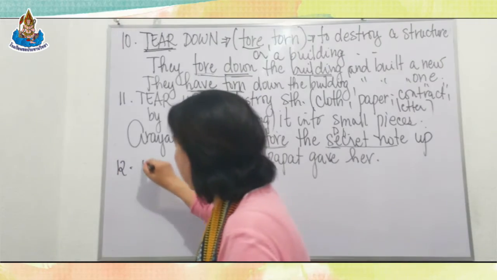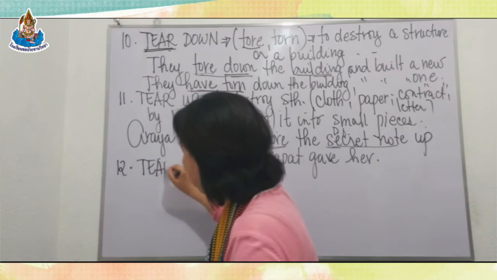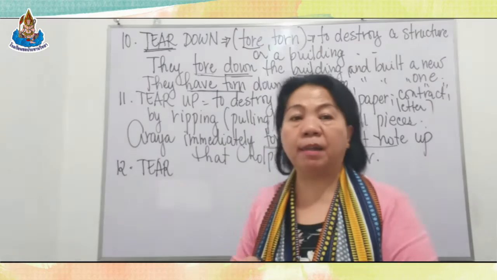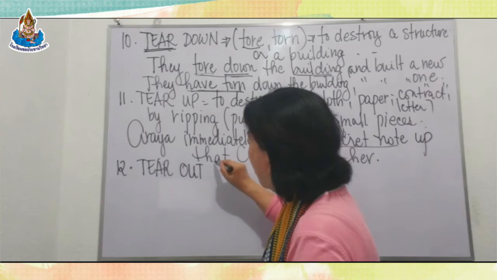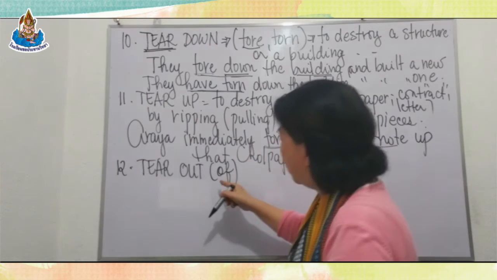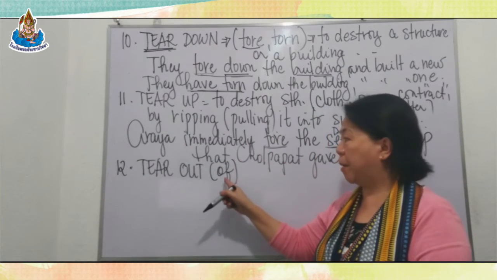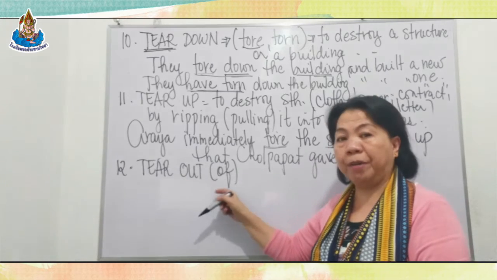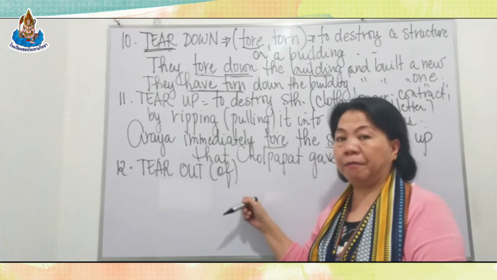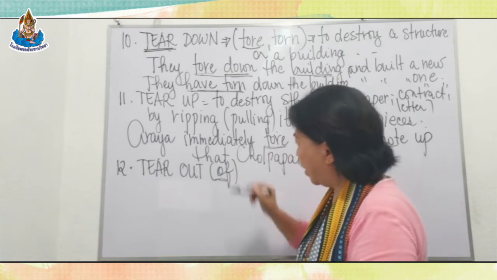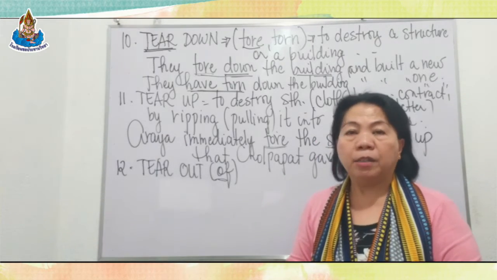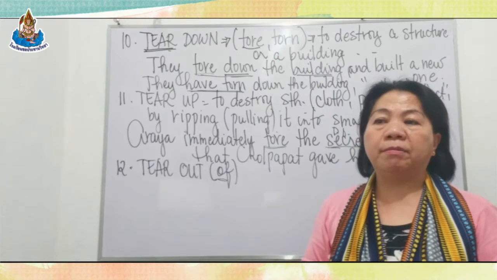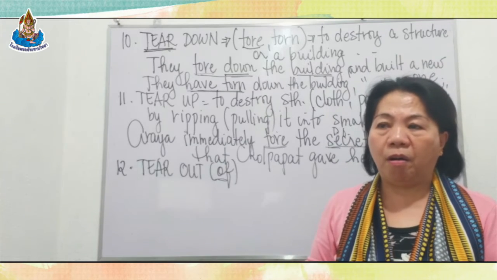Okay. So now we have our number 12. Let's have also another phrasal verb which uses the verb tear, which is tear out of. Sometimes you may or you may not use this preposition. This is a three-word phrasal verb. But often, of course, we use that preposition. So what do we mean by tear out of?